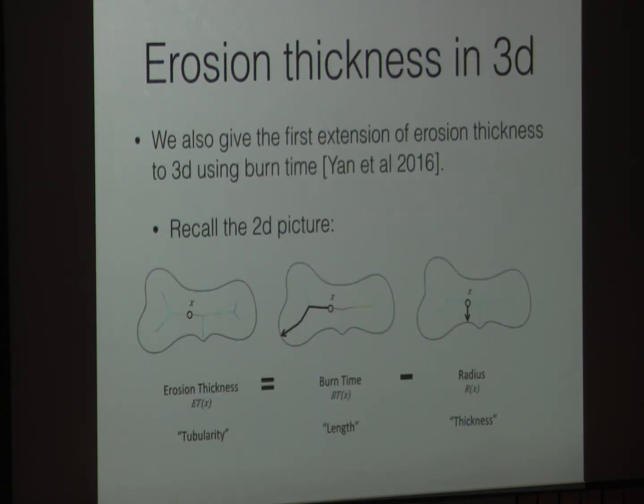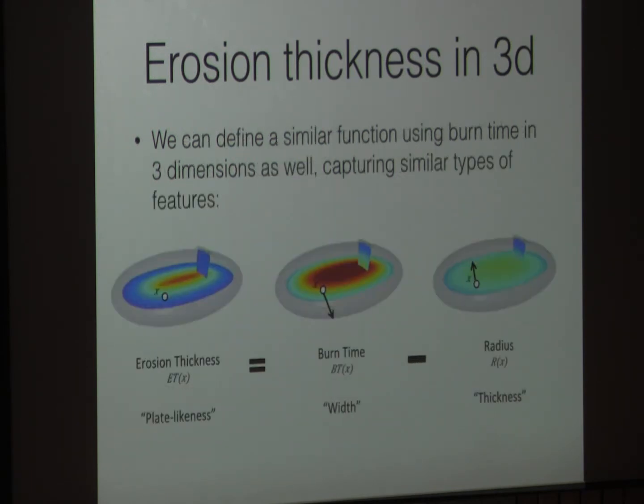Topology is very important. So, okay, if I go back to the 2D picture, we were talking about erosion thickness and how that's burn time minus the radius. One of the reasons the SIGGRAPH people liked it is this actually extends erosion thickness to 3D for the first time. So erosion thickness is somehow measuring in 3D how plate-like you look. You have a very high erosion thickness value when you're on this bottom plate.